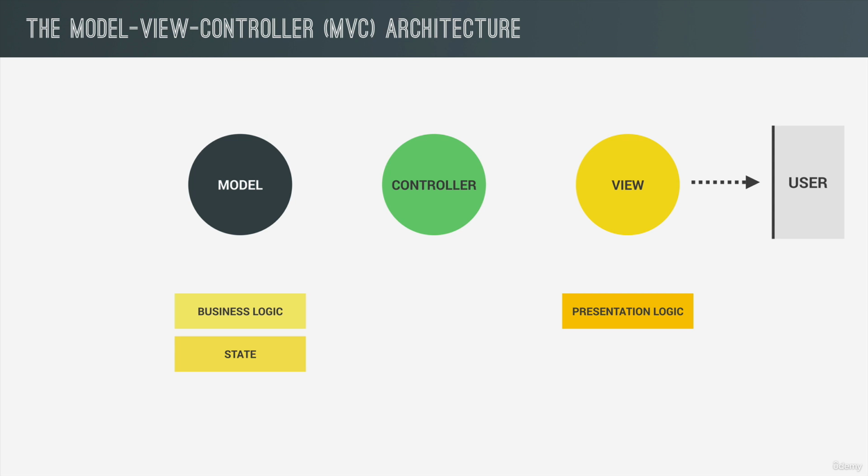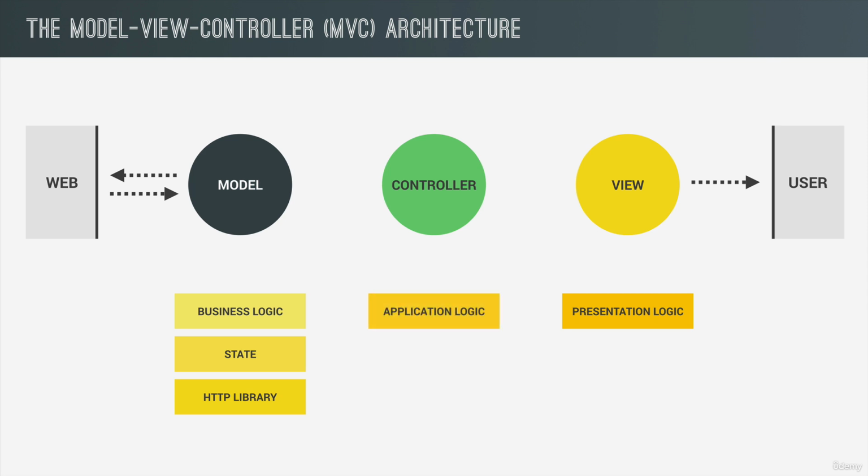Now, the model is also what contains the HTTP library that might get some data from the web, so like from some API or some backend. And so this is of course also about the data, and so it also goes into the model. Finally, the controller is what contains the application logic, and it kind of sits between the model and the view.